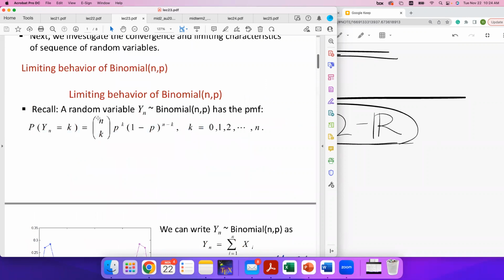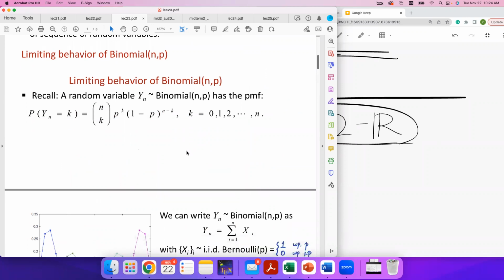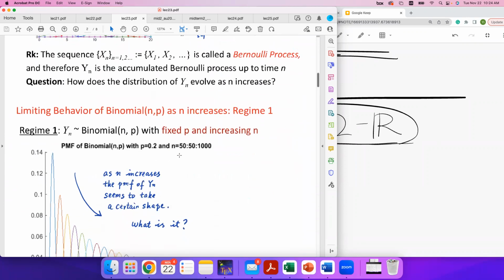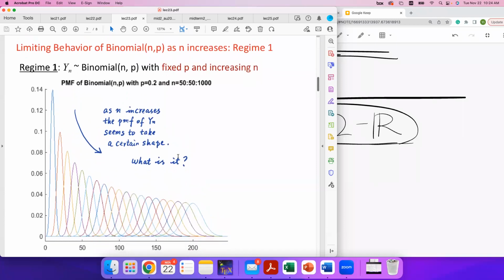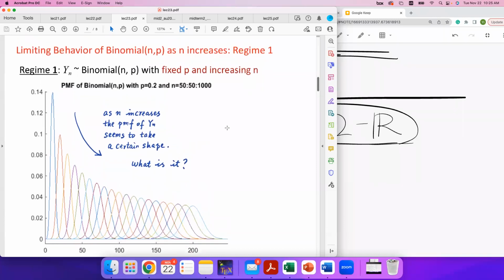But if this n goes to infinity, goes to a very large number, can we say something about this binomial distribution? This is a discrete distribution. And this is an illustration of the limiting process.